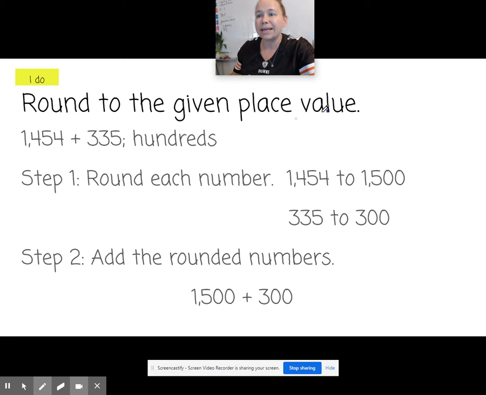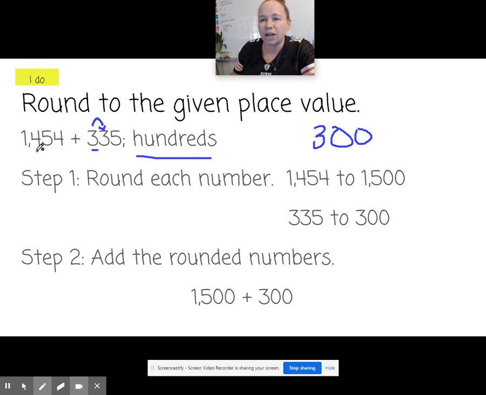Okay, so round to the given place value. Now here, see, they're giving me a place to round to. So that means I'm going to look in the hundreds and I'm going to round. And I see that this one is closer to 300, right? The number next to it is a little number, so it's going to stay. So I have 300. And if I round this one to the hundreds place, I look to the right. Oh, that's a big number, so it's going to go to the 4, and that 4 will become a 5.